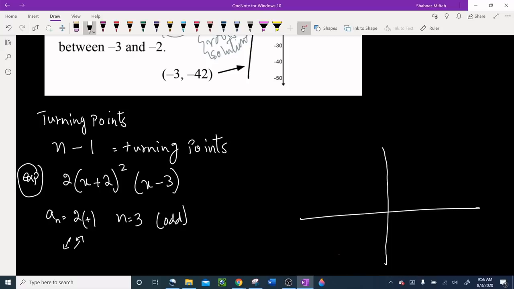So if the degree is odd and the leading coefficient is positive, then the graph will rise on the right and fall on the left.